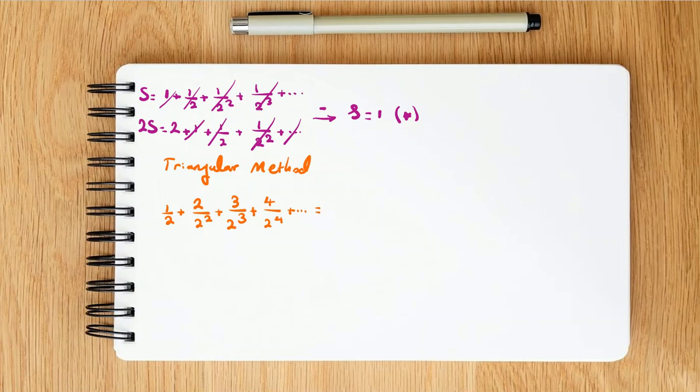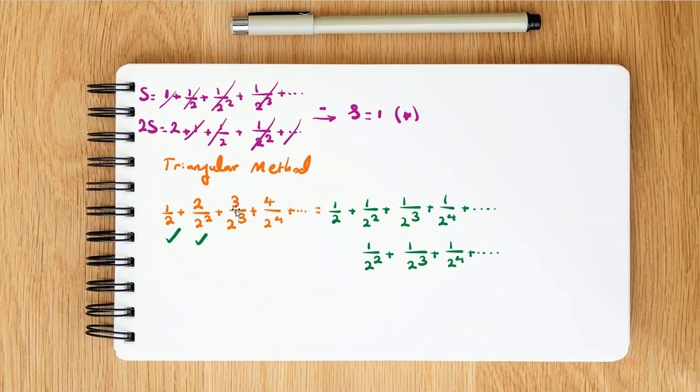We write 1/2 + 1/2² + 1/2³ + 1/2⁴ and so on once. But here we have 2 times 1/2², and we've written one of them. So again, next time we start from here: 1/2², 1/2³, 1/2⁴, and so on. So as you can see, it is okay.